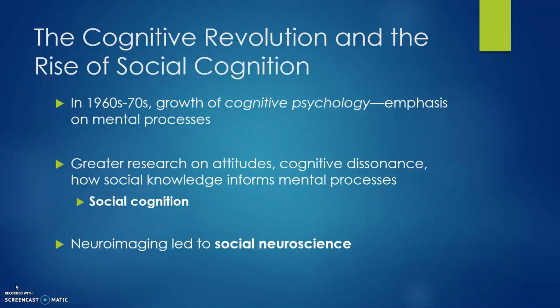Beginning in about 1956, if you've had other classes with me, you know that I've often talked about something called the cognitive revolution, which is basically the idea that you can absolutely look at mental states within a person and different mental processes like attention and memory. But what's really critical is that you do so in a very careful, systematic, and scientific way.